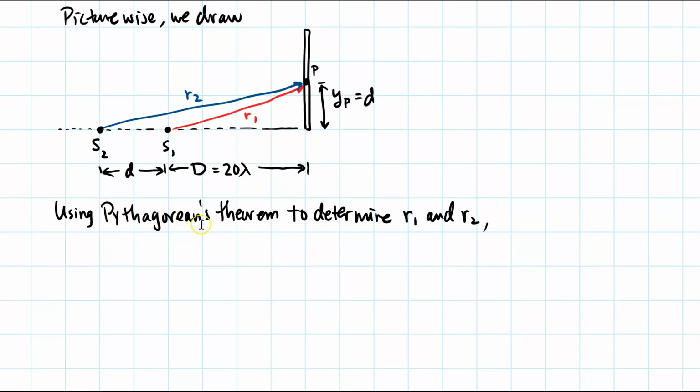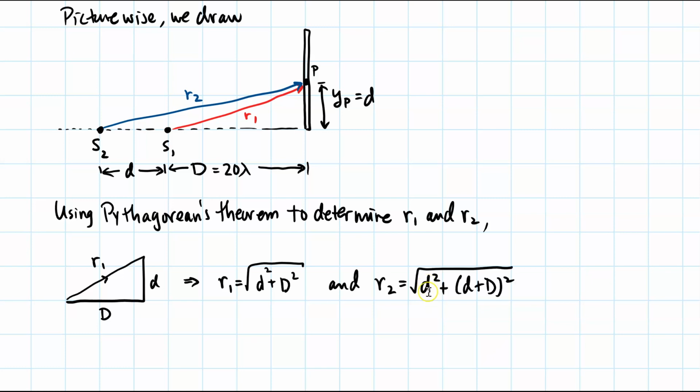So using Pythagorean's theorem to determine R1 and R2, I get that R1 is equal to the square root of little d squared plus big D squared. Doing the exact same thing for R2, we get the square root of little d squared plus the quantity d plus big D squared.